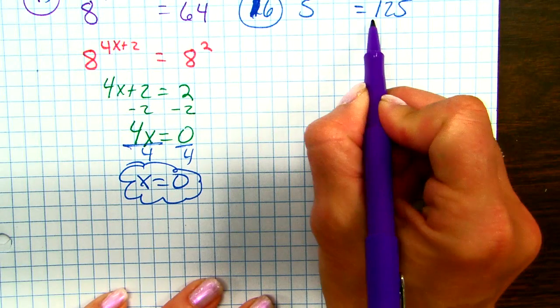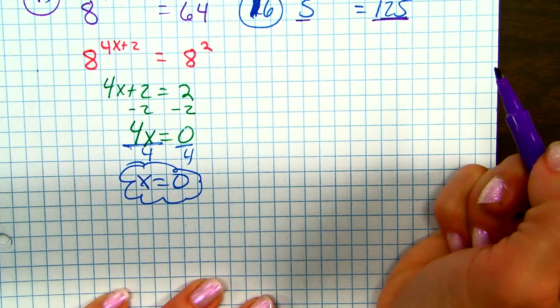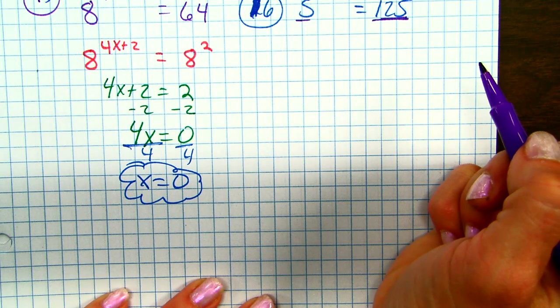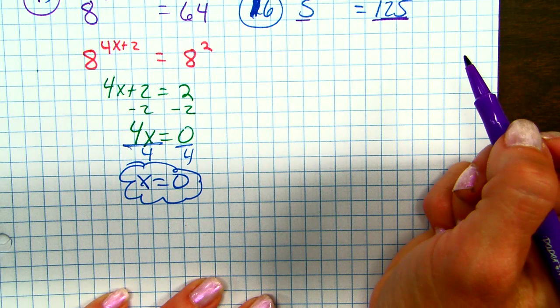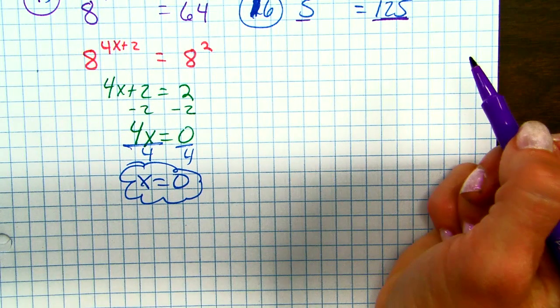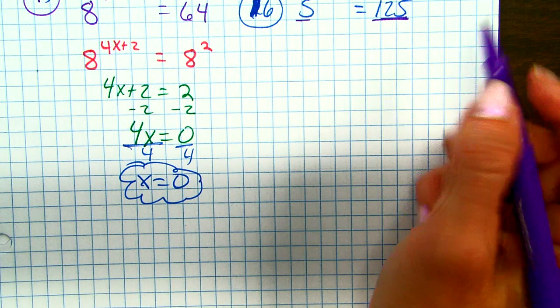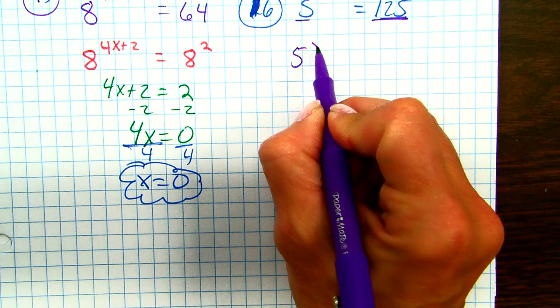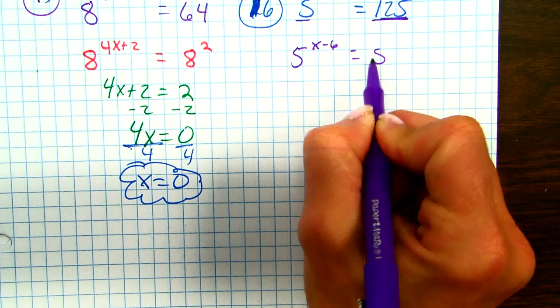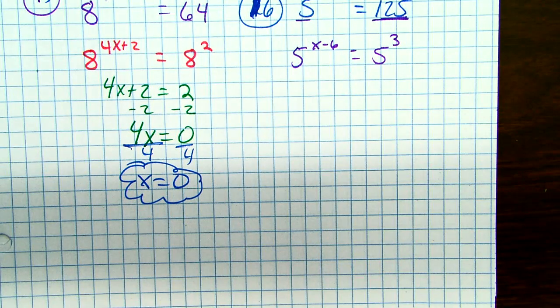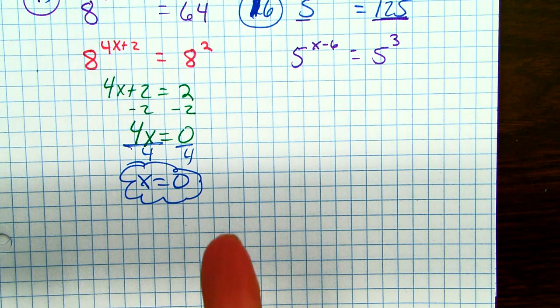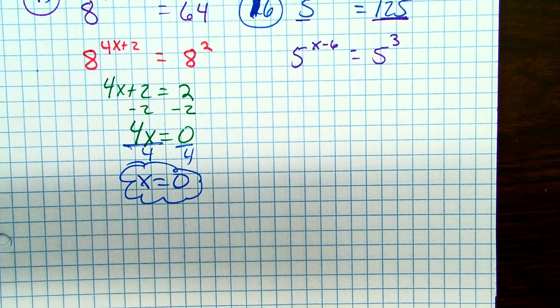Okay, can I make 125 into a base 5? I don't know. Pick up my calculator and see. Yeah, good, Dylan. 5 to the power 3. You don't have to know it off the top of your head. Understand that, okay? Pick up your calculator and ask it for help. And yeah, try 5 to the first, 5 to the second, 5 to the third. See if you can get 125. I'm not going to give you a problem where it can't work yet.